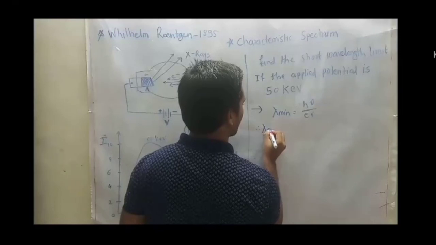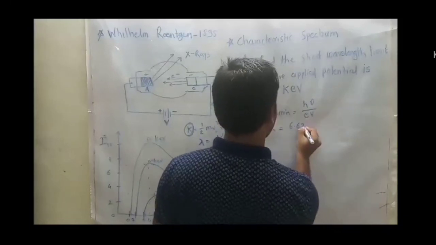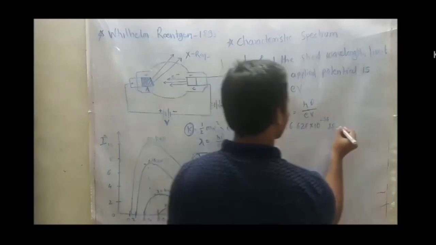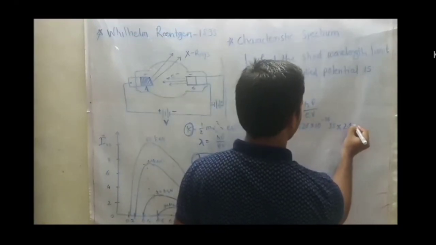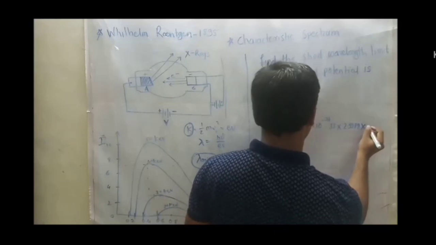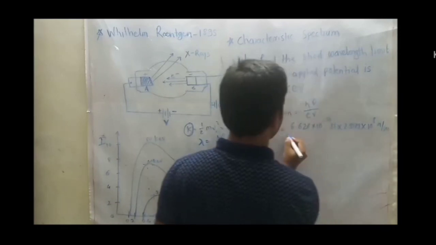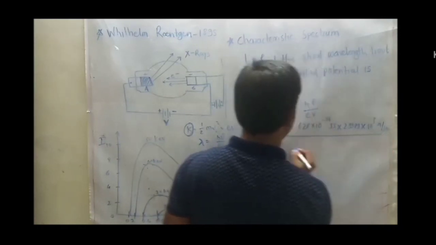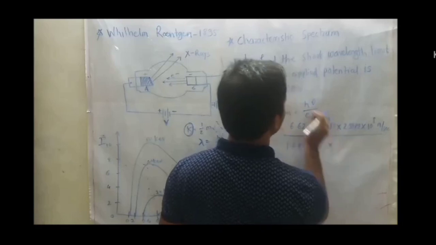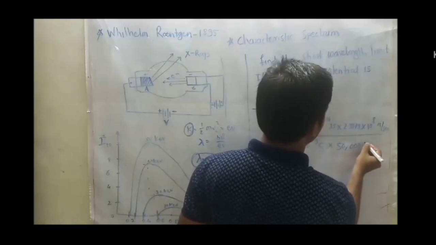Therefore, lambda minimum equals 6.626 into 10 raised to minus 34 joule second, into 2.9979 into 10 raised to 8 meter per second, divided by 1.6 into 10 raised to minus 19 coulomb into this potential, 50,000 volt.